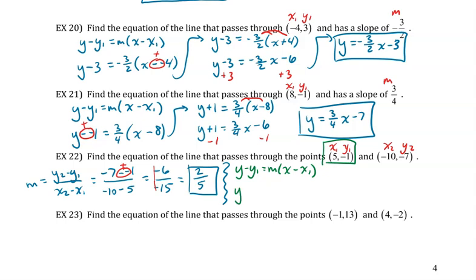If we plug everything in, that's going to be y minus -1 equals 2/5 times x minus 5. Minus a negative can turn into a plus. So we have y plus 1 equals 2/5 times x minus 5.